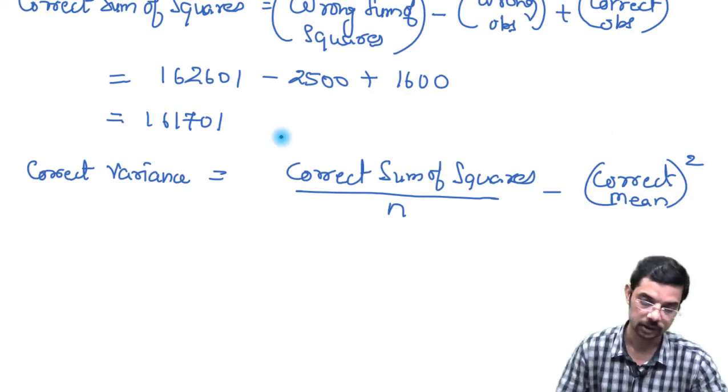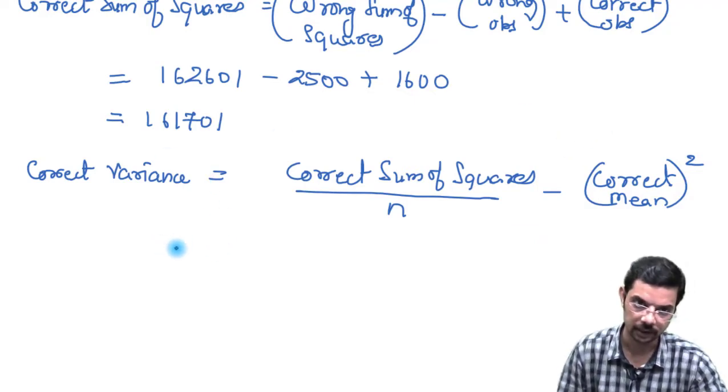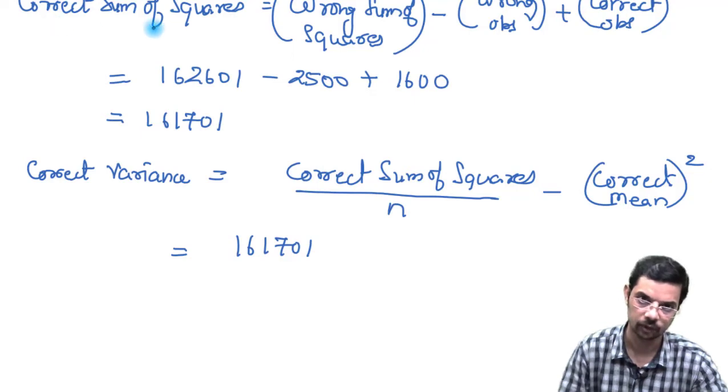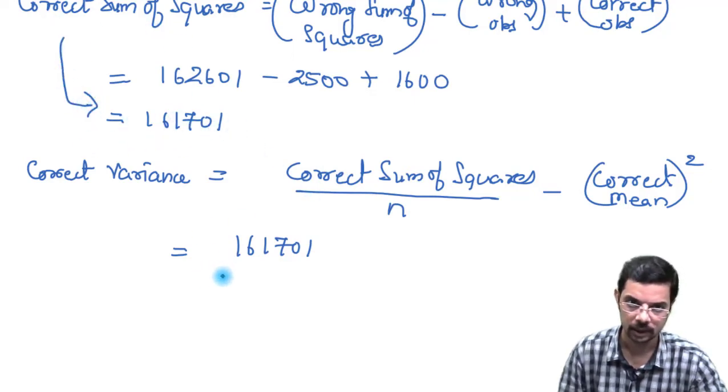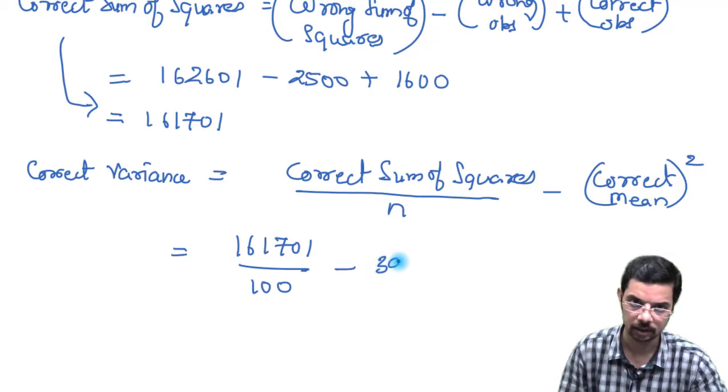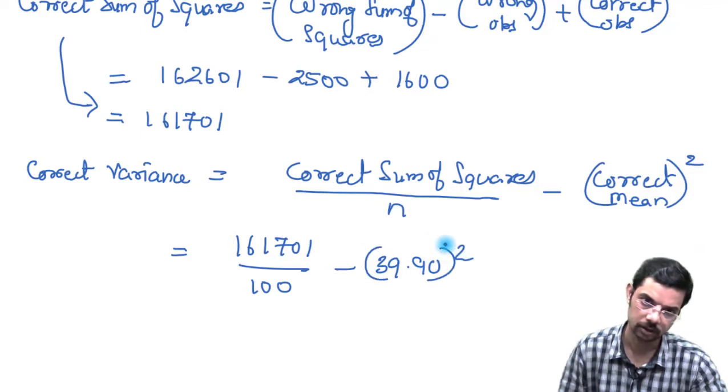So how can we do this? We put the values: 161701, which is the corrected sum of squares, divided by the total number of observations, that is 100, minus the correct mean, which was 39.90, whole square.